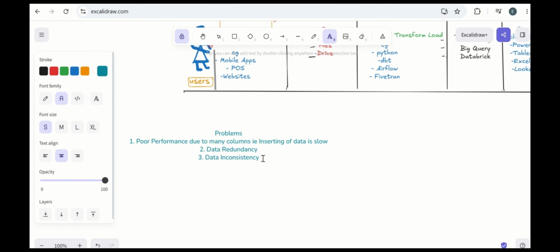So we'll have to provide a solution to this problem. So the solution of this problem is what we call data modeling.